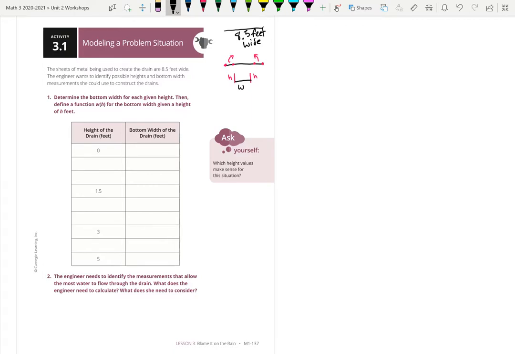Now the idea behind this is there is a connection, because you have to remember, as we were folding the paper last time, basically we could have three situations. One where we had a tiny height and a large width. And then we had another extreme where we had a super tall height but a small width. And we were talking last time about the things that are in a high quality drain.